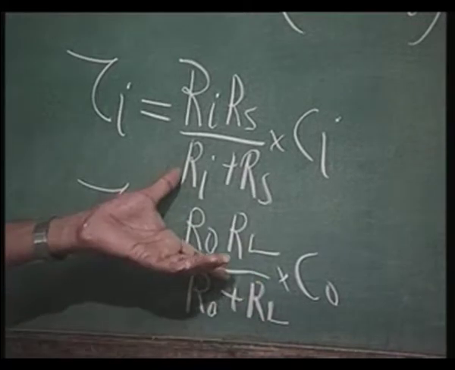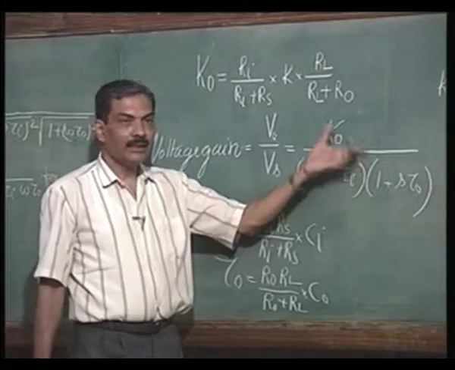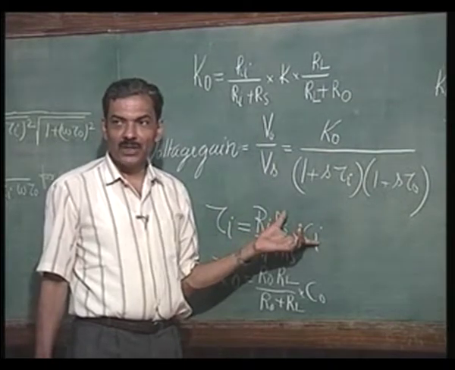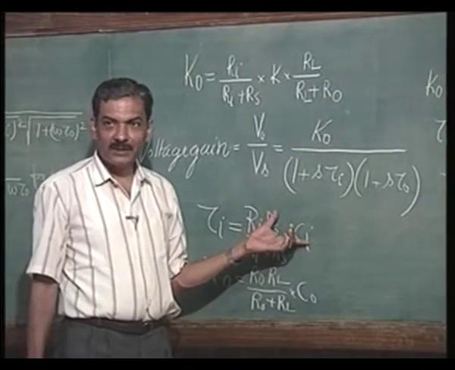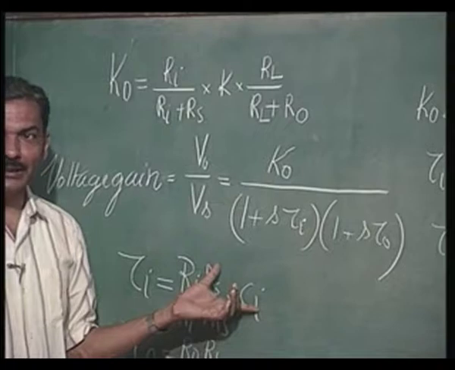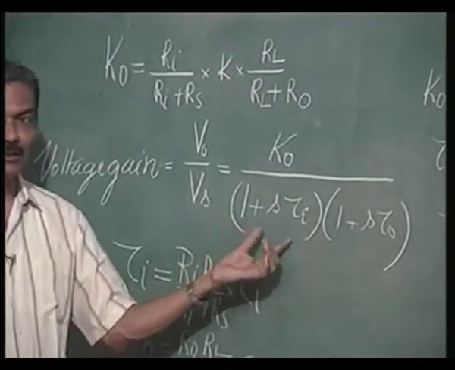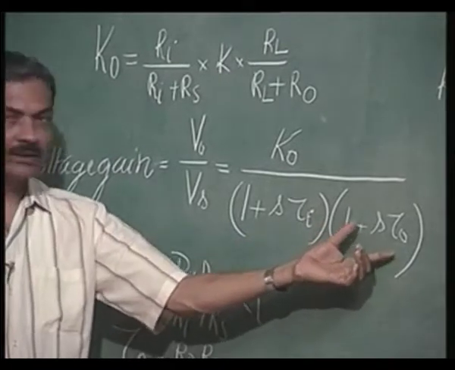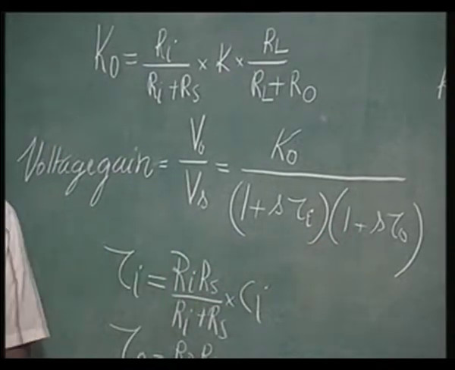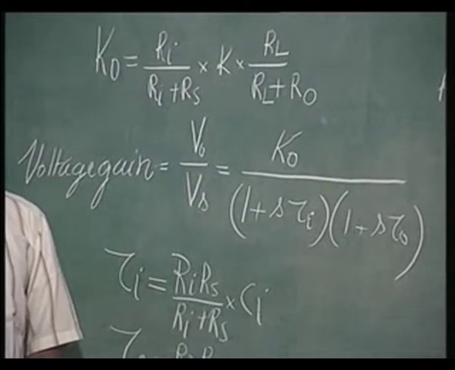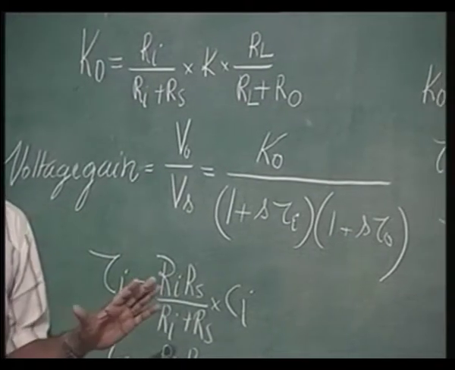So, if you know this, you can straight away write down the transfer function V naught over Vs without really solving an equation. That is what you should practice. K naught divided by 1 plus S tau I into 1 plus S tau naught. It is always going to be the transfer function in terms of tau I and tau naught, irrespective of the amplifier configuration.